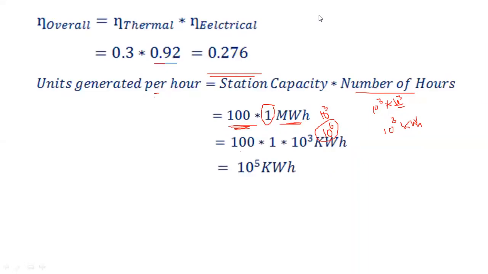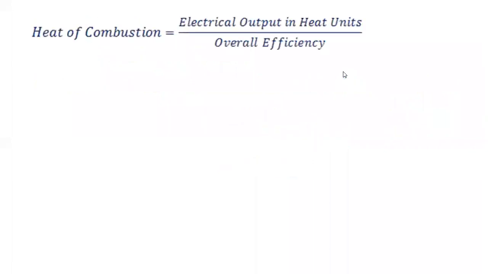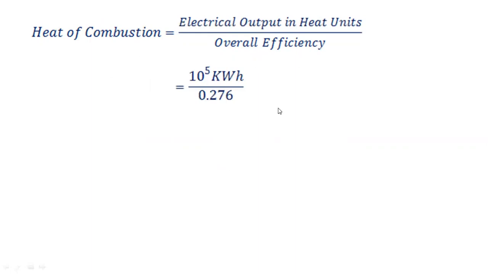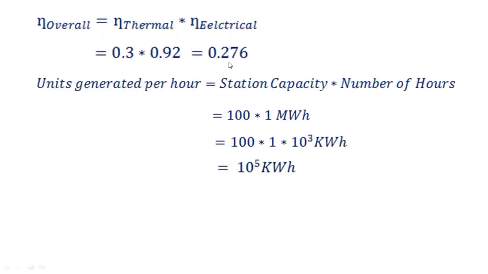Now all the data is available, so we can substitute. Here we want to find the heat of combustion for 1 hour: electrical output in heat units with respect to the overall efficiency. We have found the electrical output is 10 to the power of 5 kWh, and the overall efficiency is 0.276.